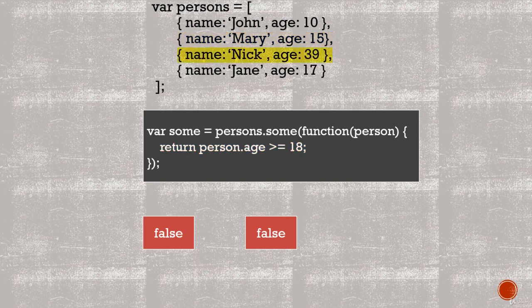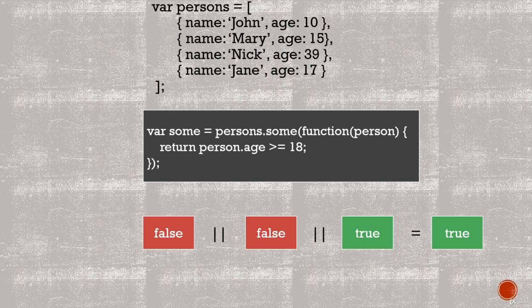Then the function is executed for the third object, Nick. In this case, the condition is true because his age is greater than 18, and the some helper returns a true value. As soon as it finds a true value, it terminates iterations and gives us as a result the value true. Unlike every helper, some uses the logical OR operator.